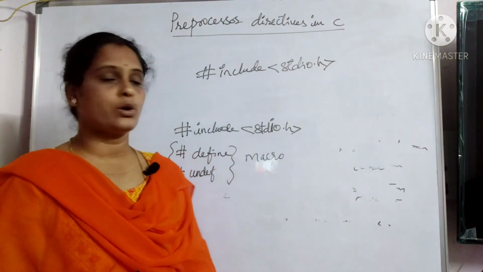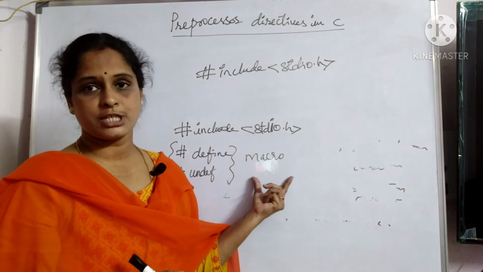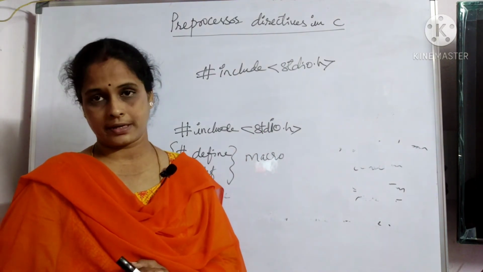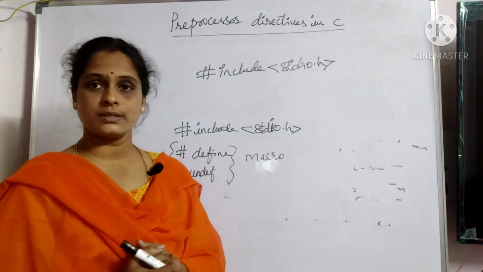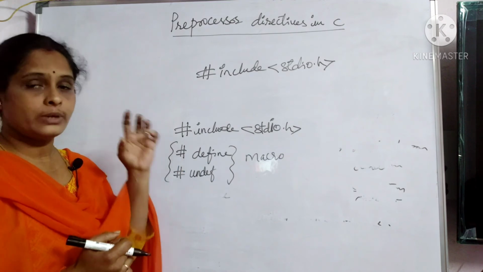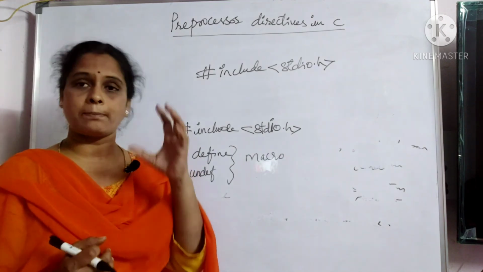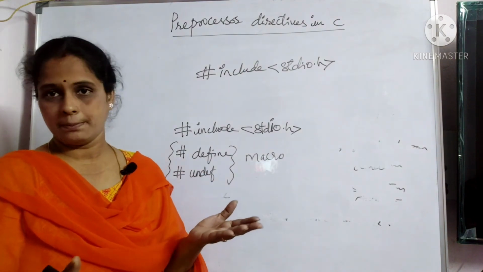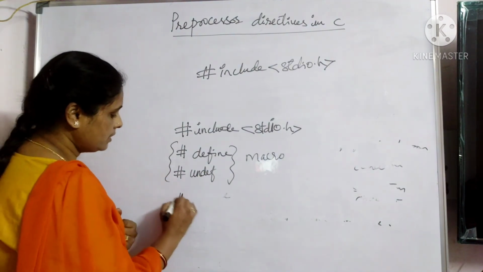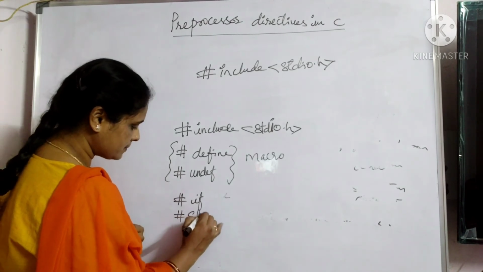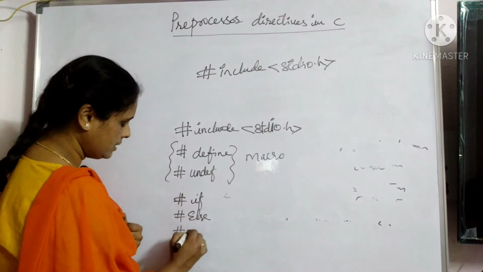That is why they are also called macro substitution directives, and the #include one is called the file inclusion directive. In macro substitution directives, we use #define to define symbolic constants, some macros, and #undef to undefine those macros. Simple. Next are #if, #else, and #endif.